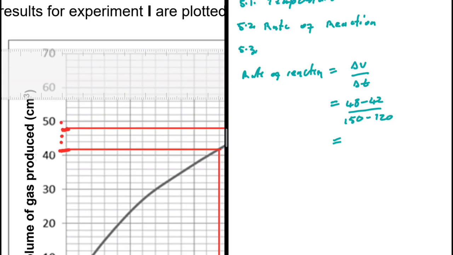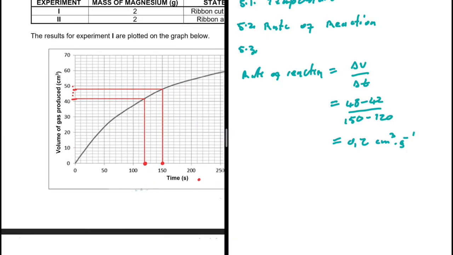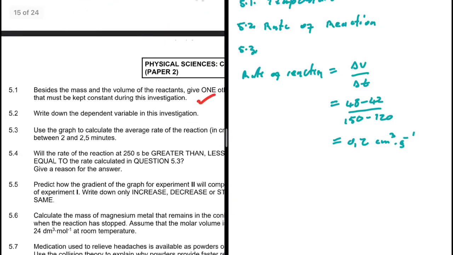So we have 0.2 centimeter cube per second. There we go. That is the average rate between those 2 points. Okay, that is question 5.3.